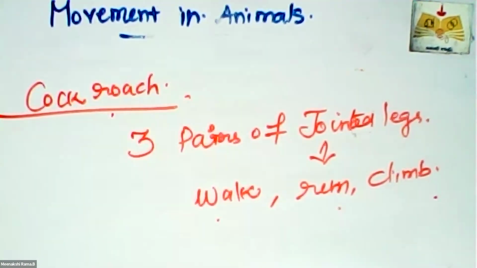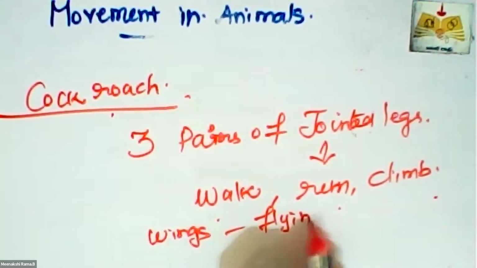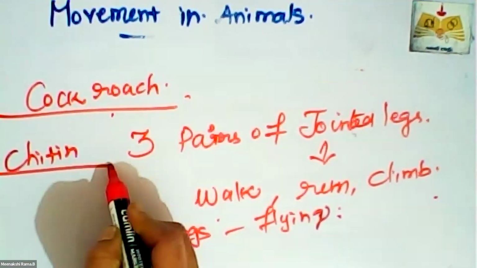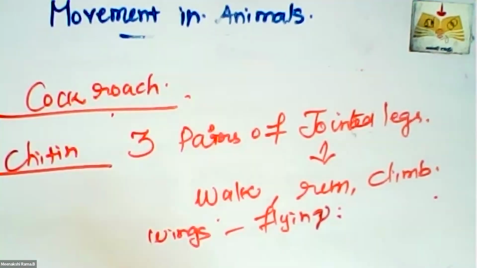It also has 2 pairs of wings for flying. Large and strong muscles help the movement of the legs. The body is covered by chitin. Each animal has some special terms.